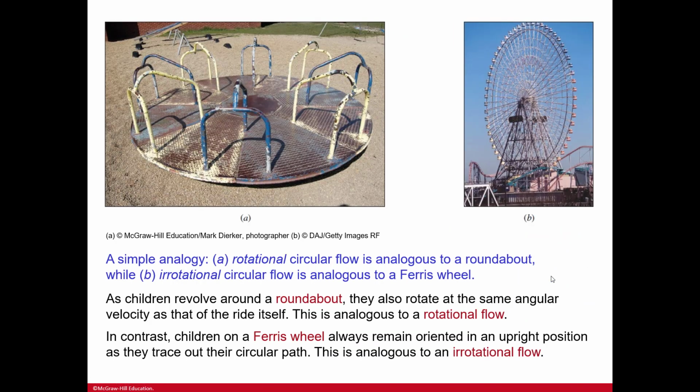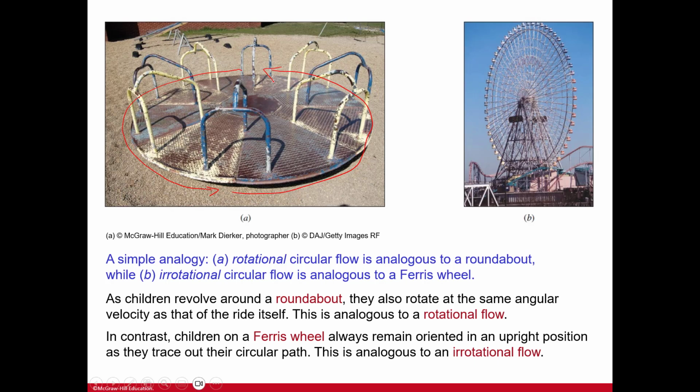So here's a simple analogy. A rotational circular flow is analogous to a roundabout, whereas irrotational circular flow is analogous to a Ferris wheel. This rotation, I feel, is normal to the ground.